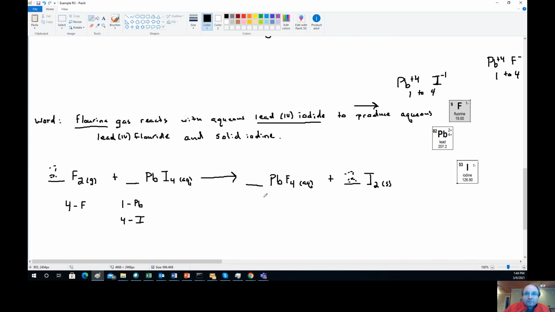Over here, 4 fluorines, 1 lead, and 2 times 4, 4 iodines. Hey, it's nicely balanced. So it is indeed 2, and you do have to put a 1 here.